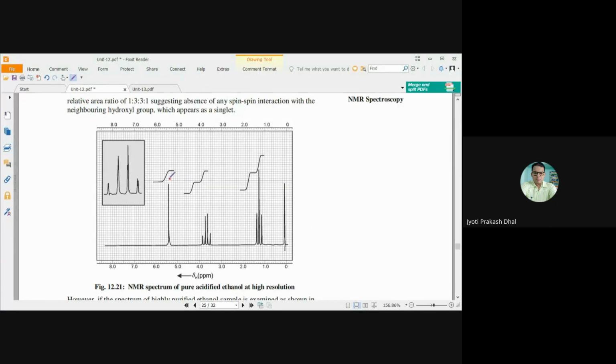This peak is for OH, this is for CH2, and this is for CH3. So OH will give rise to a singlet because it forms hydrogen bonds, and for the CH2, there are three neighboring protons, so that will give rise to a quartet, and for CH3 two neighboring protons are there, so that will give rise to a triplet.